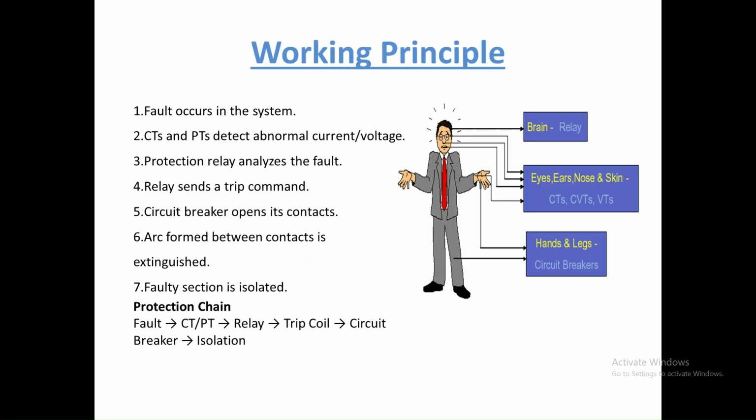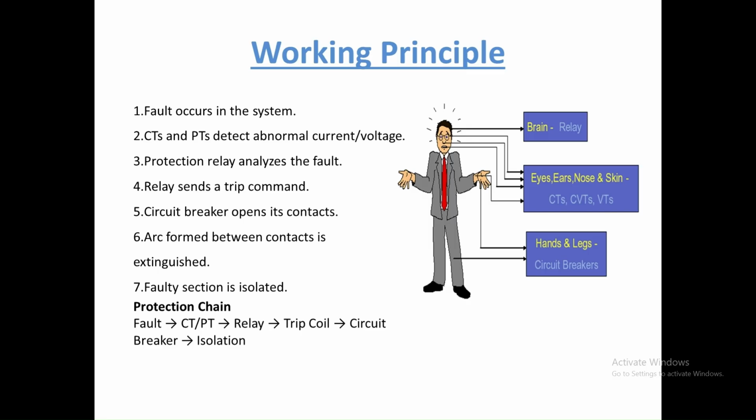First, we'll see the working principle. In the last video, during the discussion about the current transformer, we came across the analogy to the human system, that the relay is like our brain. The CT, CVT, and PT are like our input sensing organs.